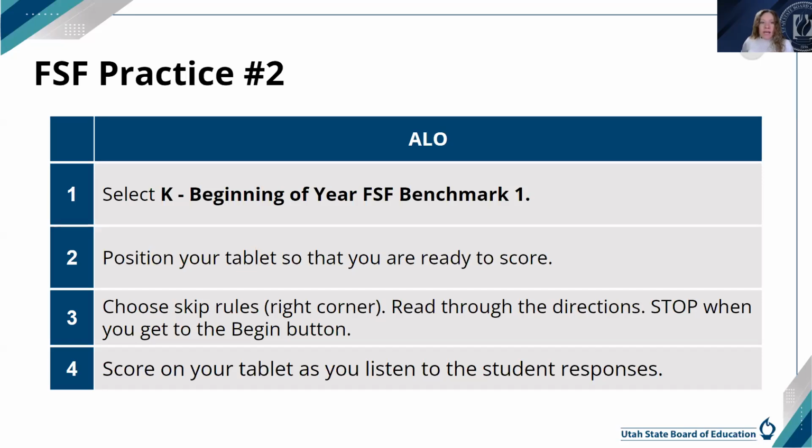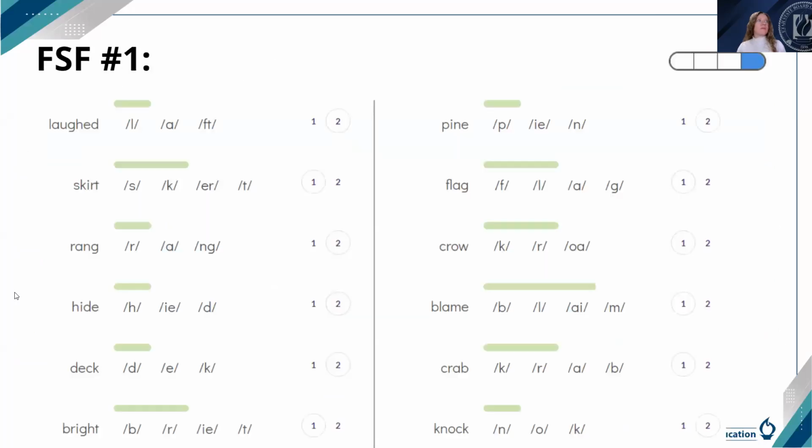Inserted sounds, when they're blended together, are going to be considered incorrect for this measure. Inserted sounds do not happen very frequently with first sound fluency, but if a student does insert a sound, you would mark wherever that sound was inserted as incorrect.